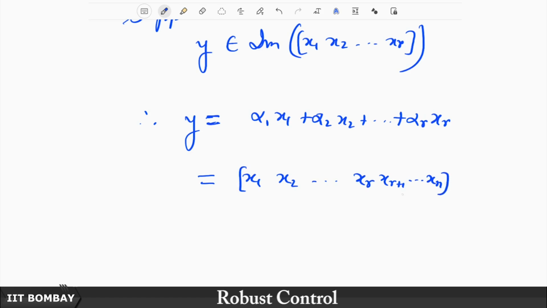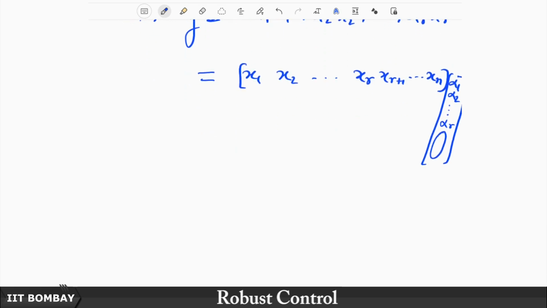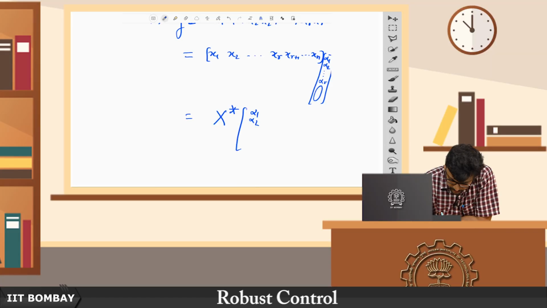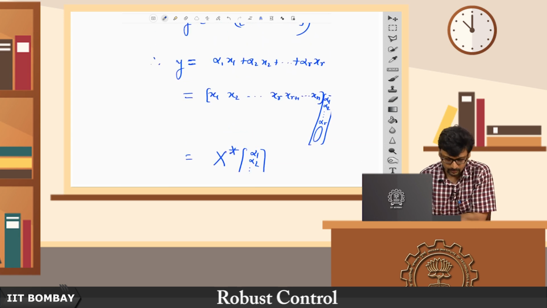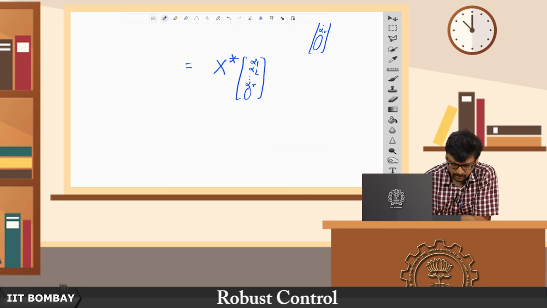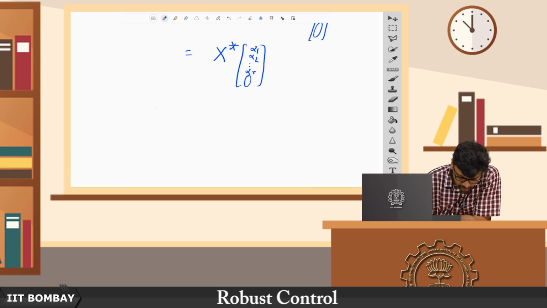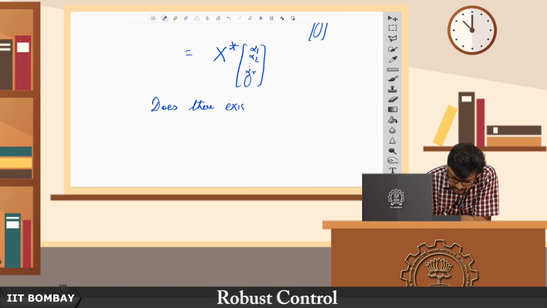Notice very carefully what I am doing here, and then I can write this as alpha 1, alpha 2 dot dot dot till alpha r, and I keep the remaining entries 0. And this then turns out to be nothing but x star times alpha 1, alpha 2 dot dot dot till alpha r, and the remaining all zeros.